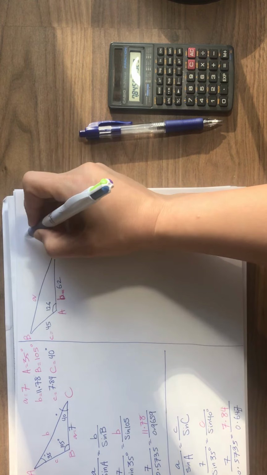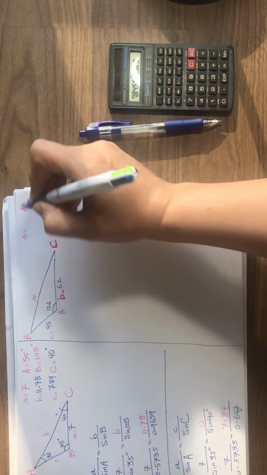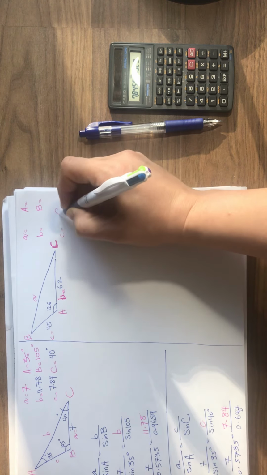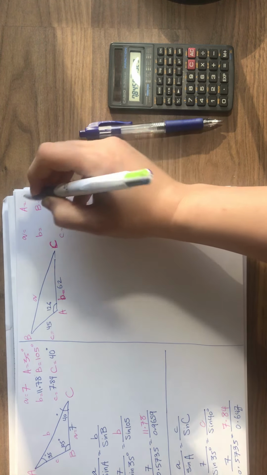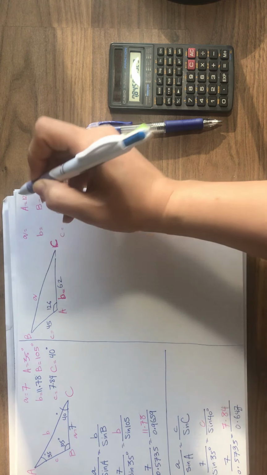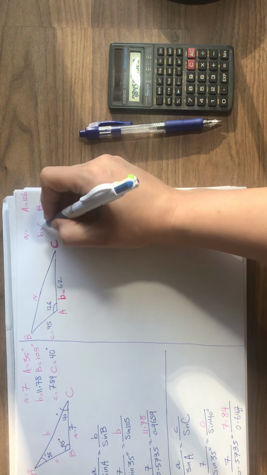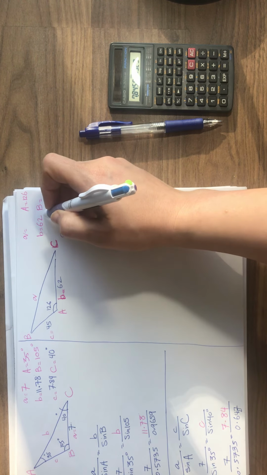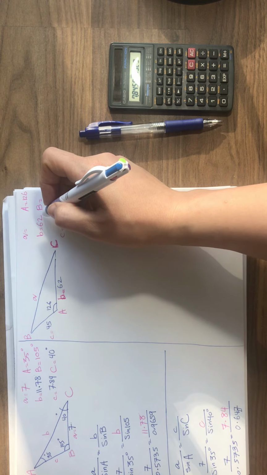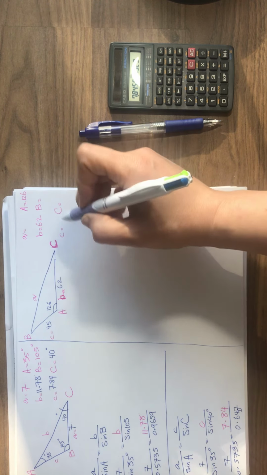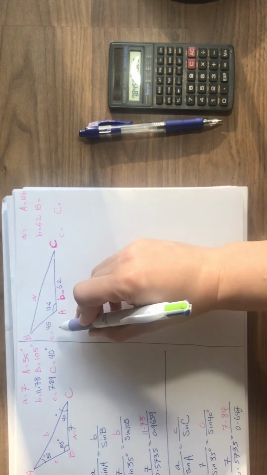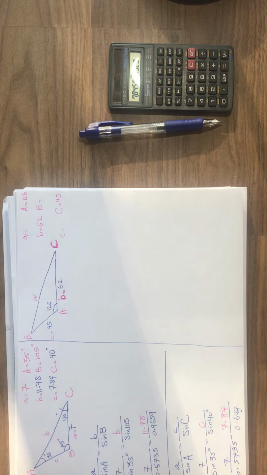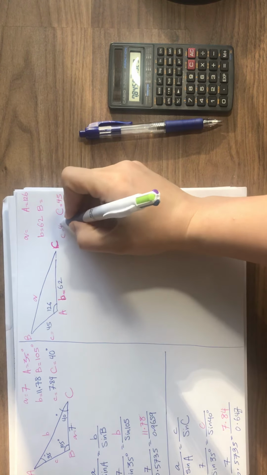Over here, A and a, B and b, C and c. I have A to be 126. I have B to be 62. And I have small c to be 45. I don't have the angle.